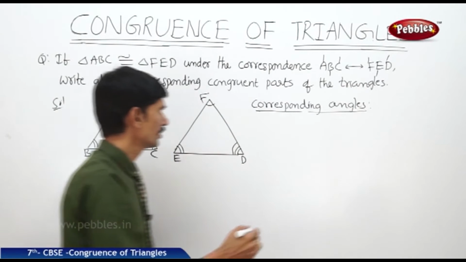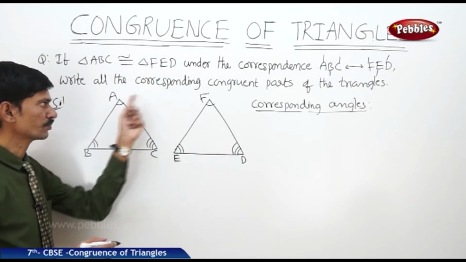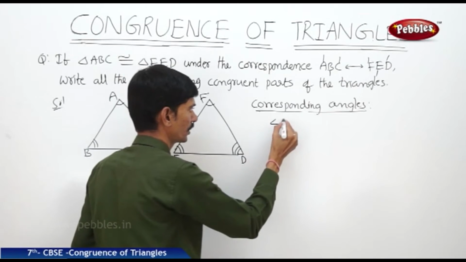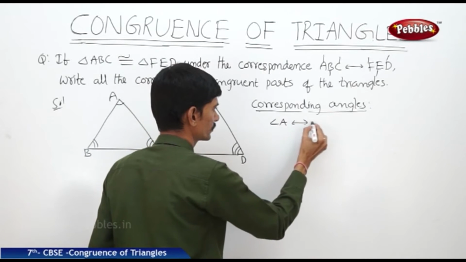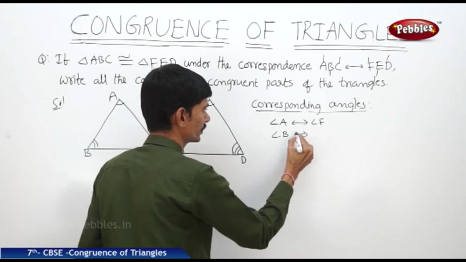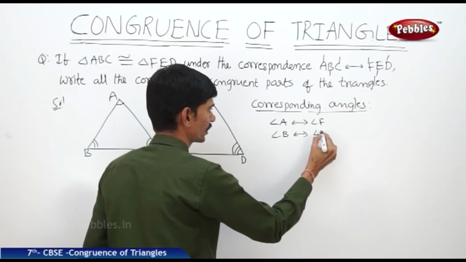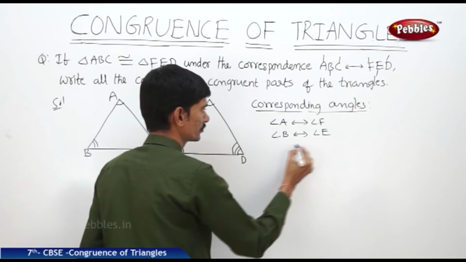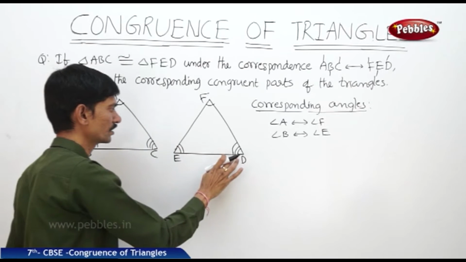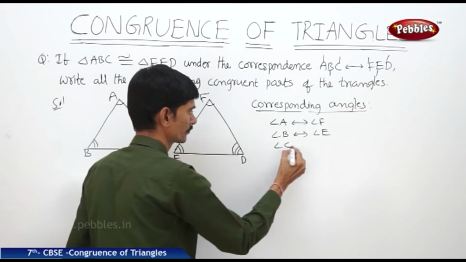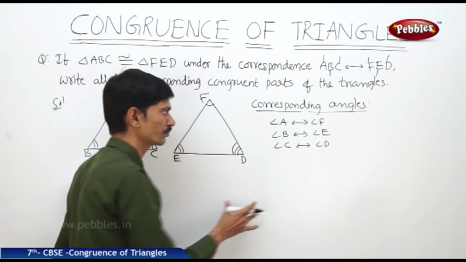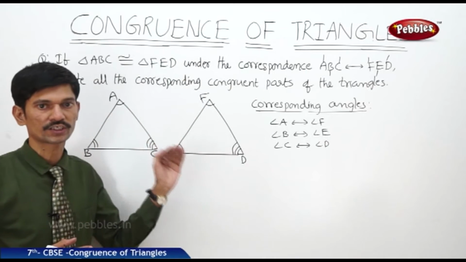Here angle A corresponds to angle F. Then angle B corresponds to angle E. Then angle C corresponds to angle D. So these are the corresponding angles of the two congruent triangles.